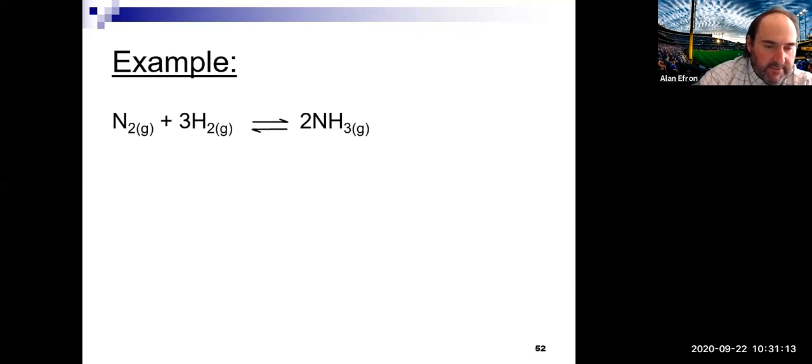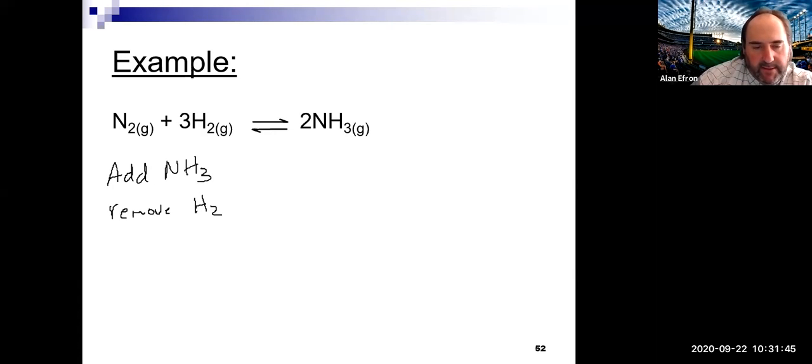All right, so let's take a look at this one, and I'll just throw out some things here, and we'll talk about what's going to happen. Let's see what happens if we add NH3, if we remove H2, if we increase the temperature, and we'll say this delta H is, I'm just going to make up the number, positive 37 kilojoules.